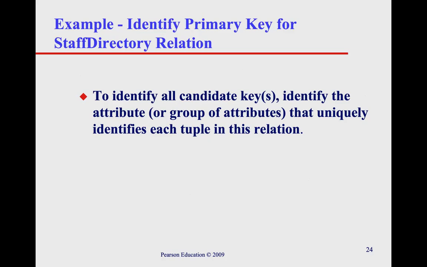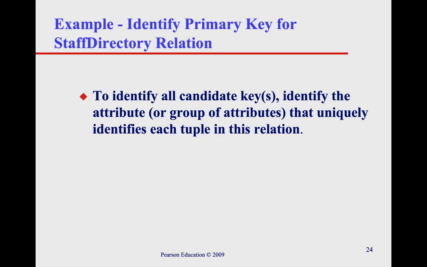For example, I could say the staff name, the salary, the position, and the branch number should uniquely determine the staff person, but it is just barely possible that two people with the same name work at the same branch in the same position and have the same salary.